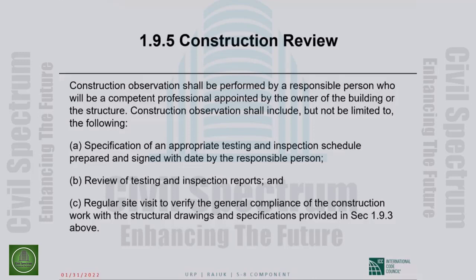So appointed by the owner of the building or the structure. Construction observation shall include but not be limited to the following. Okay, construction observation shall include specification of an appropriate testing and inspection schedule prepared and signed with date by the responsible person.